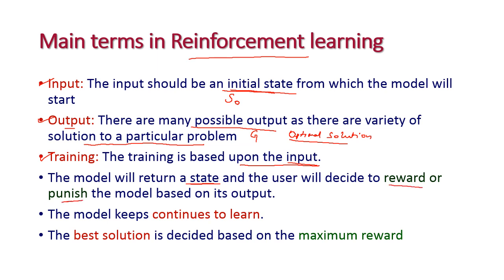Based on the output of this particular action, the user will get a reward or punishment, and the model continues to learn. So based on the reward or punishment, the learning takes place, and the best solution is decided based on the maximum reward. So these are the main terms of reinforcement learning.